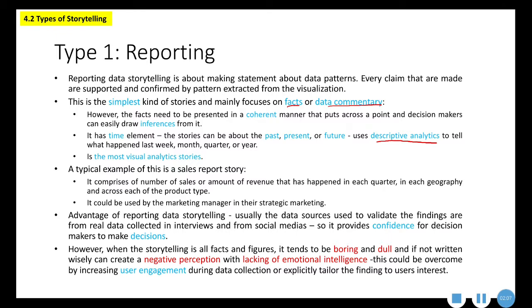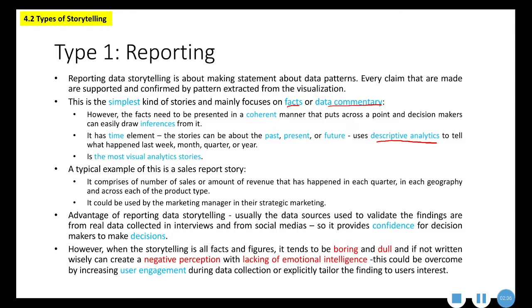And this kind of data storytelling is the most used visual analytic story, meaning that this reporting data storytelling is supported by more visualization as compared to the other 2 types of data storytelling.